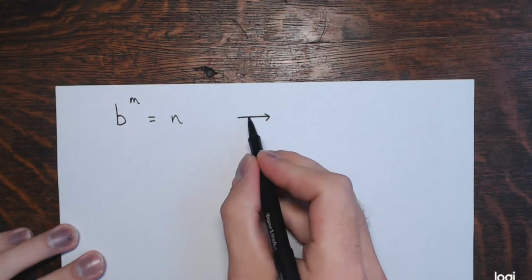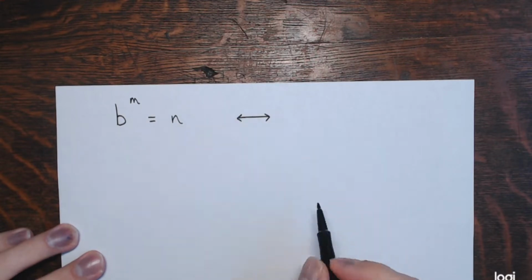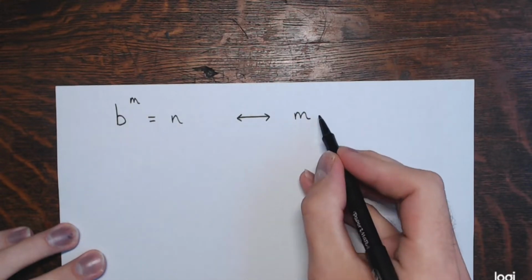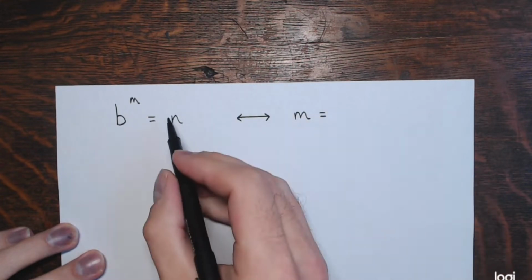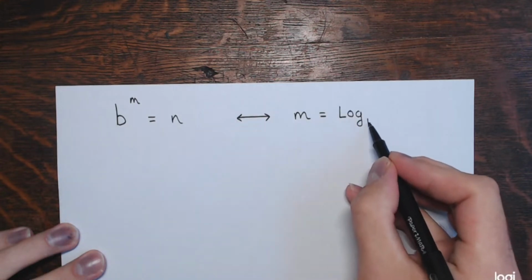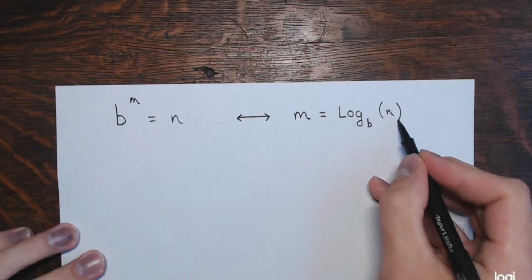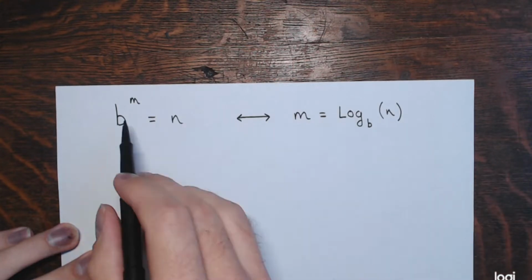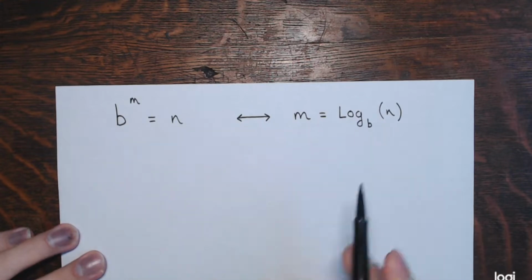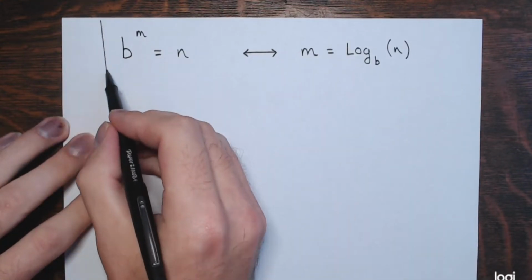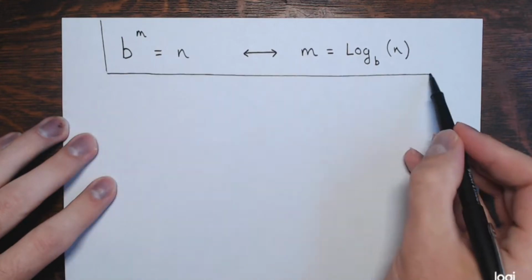You can go back and forth, and these have the same meaning. This means the same as m equals the log base b of n. Again, b to the mth equals n, m equals the log base b of n. They mean the same thing. I'm going to keep this on top of this page here, and we'll keep referring back to it.